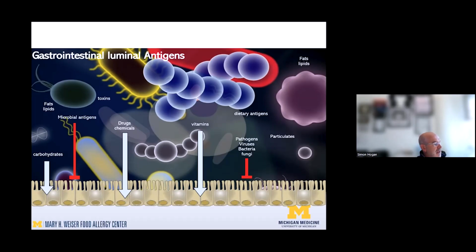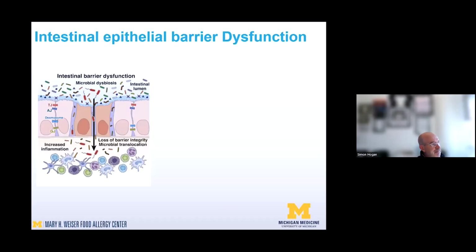However, in other situations, such as carbohydrates, drugs, chemicals and vitamins, it has to allow permissible uptake for metabolism. And when this barrier breaks down, this is where we seem to get disease exacerbation, where toxins and innate antigens cross the epithelium and engage with the immune compartment.